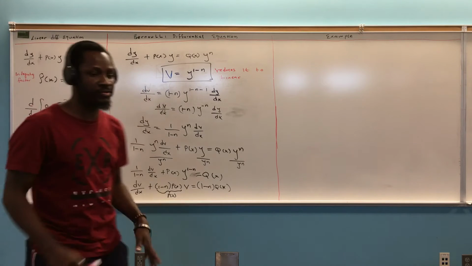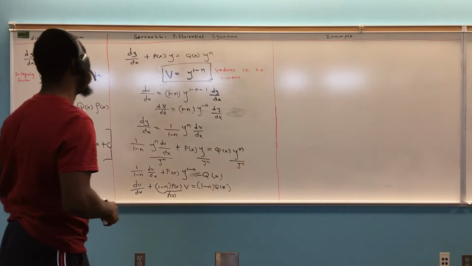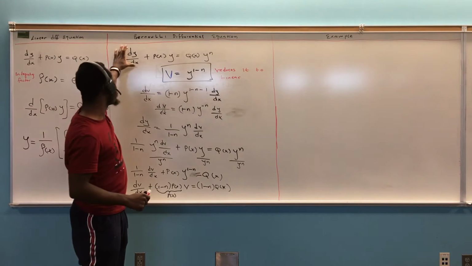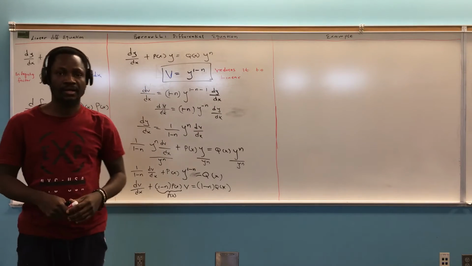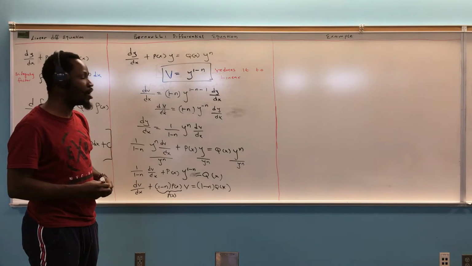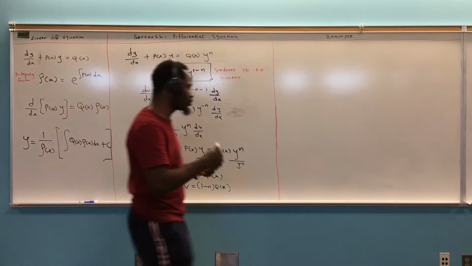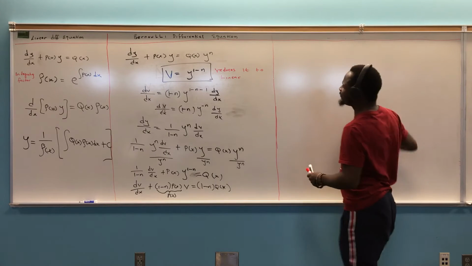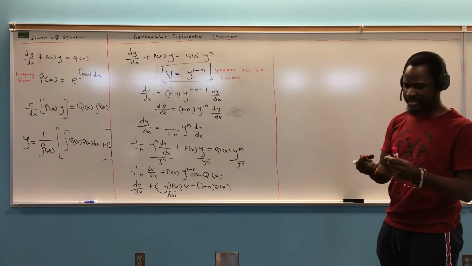This is a weird representation in my own opinion, and all the textbooks I've seen have your Bernoulli expressed as this. I like to express my Bernoulli in a different way. It makes it easier to simplify.